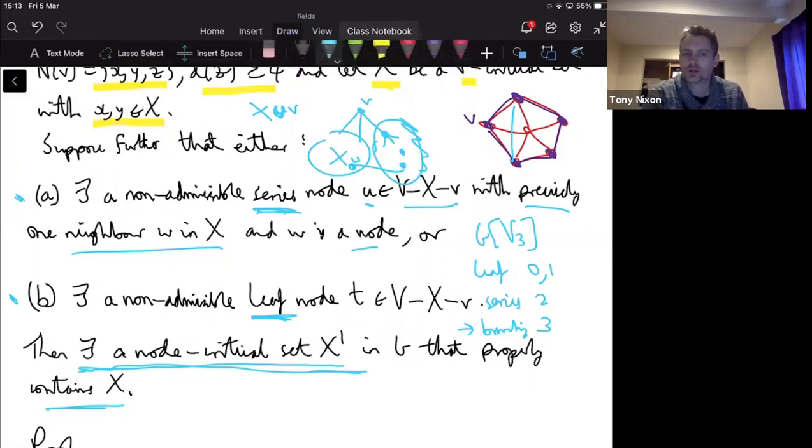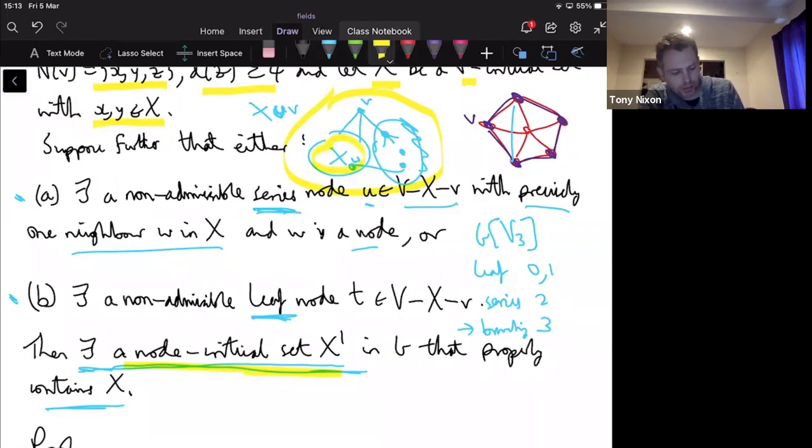That will give us a contradiction. The conclusion of the lemma, with all this setup that I tried to sketch here, tells us there must be some bigger node critical set than the X that we started with, and that it properly contains X.